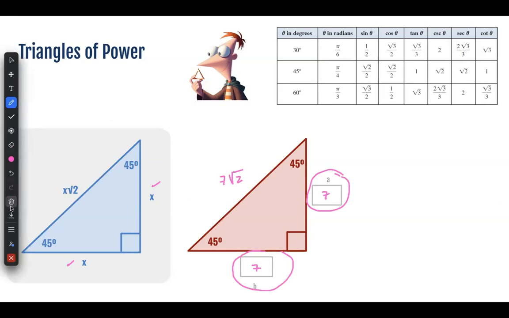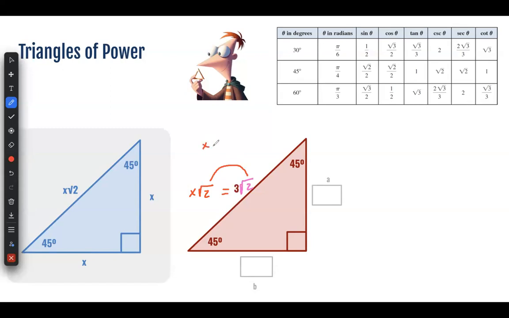Now, let's say this side is 3 times the square root of 2. That would be, once again, a simpler scenario because this is equal to x times the square root of 2. So we already have the square root of 2.